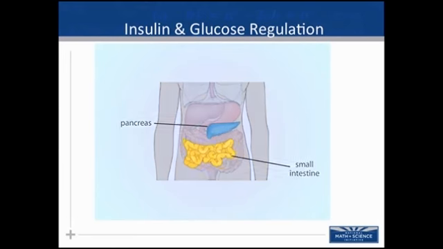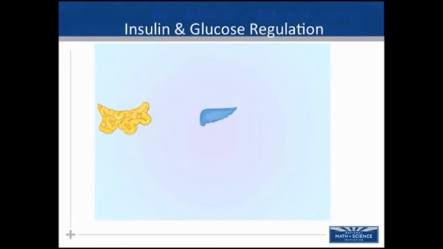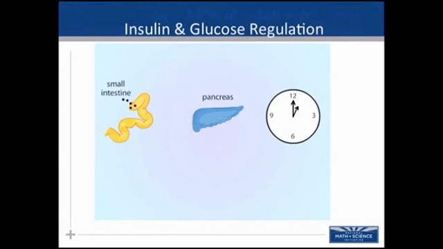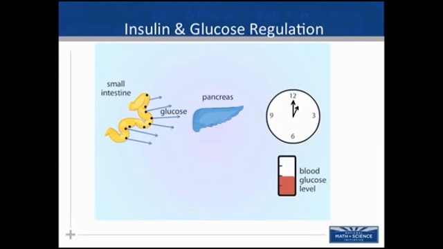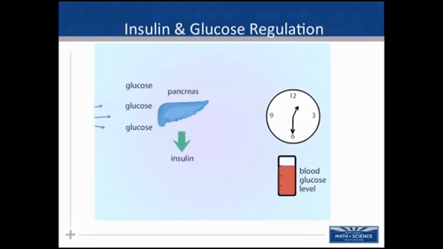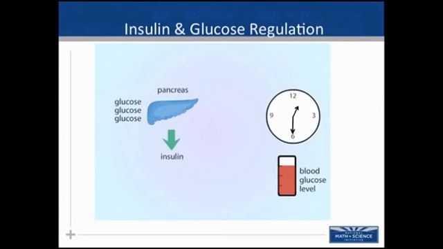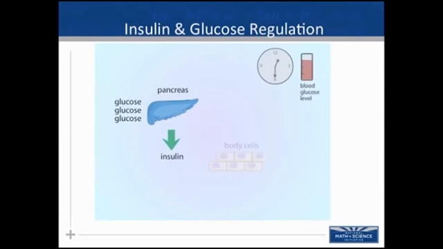After a high carbohydrate lunch, like a plate of spaghetti, polysaccharides are digested into monosaccharides. Monosaccharides, such as glucose, are absorbed by the small intestine and released into the blood. Increased levels of blood glucose signal the pancreas to secrete insulin into the bloodstream. Insulin promotes the uptake of glucose by most cells of the body.